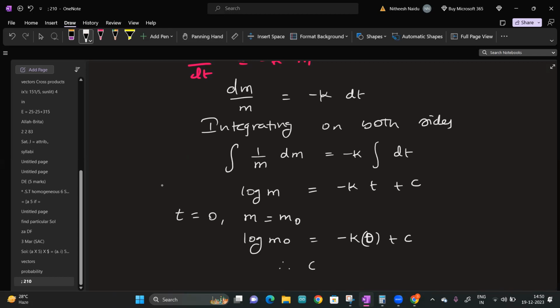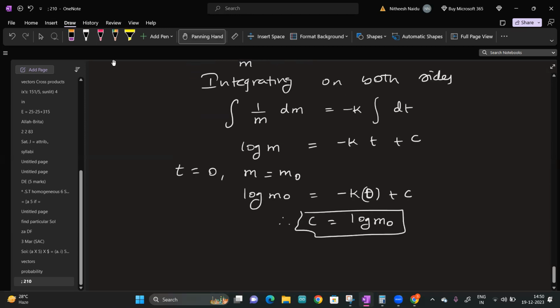Therefore, finally, the integral constant is nothing but log of the mass of the radioactive element at the initial stage. Now the equation becomes log m is equal to minus kt plus log m naught.